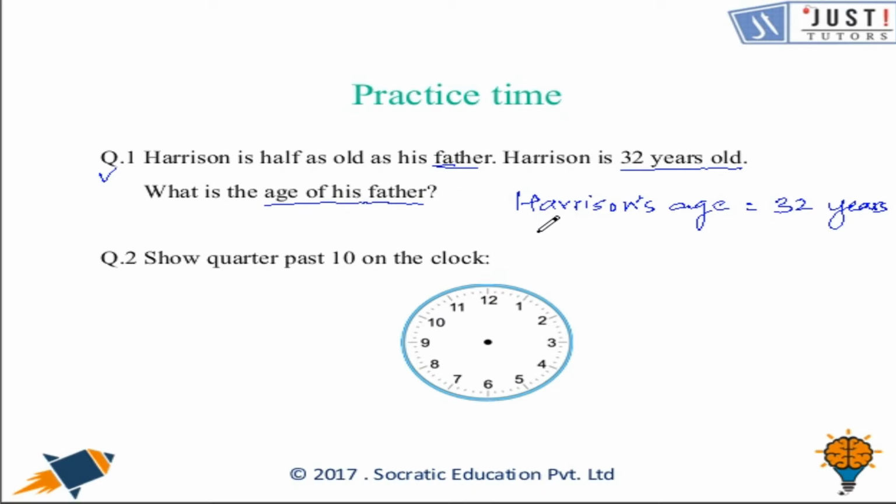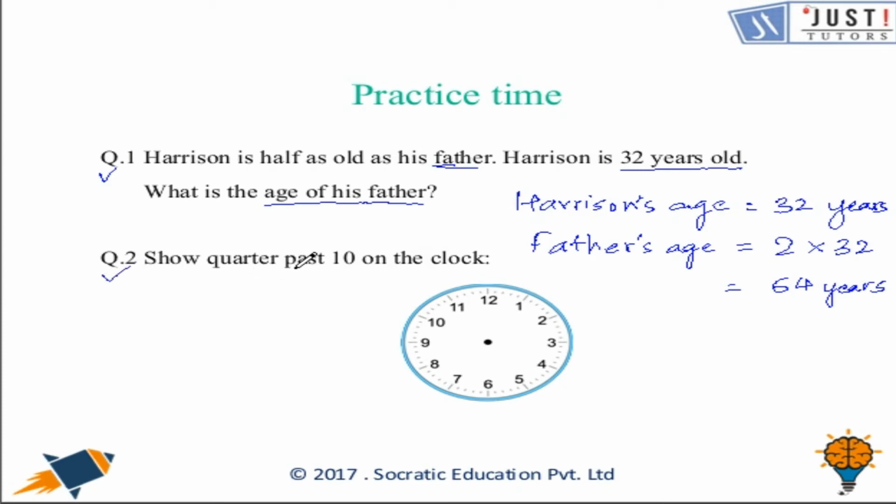That means his father must be older than Harrison. So father's age will be double of Harrison's age. Double means twice of Harrison's age. So 2 times Harrison's age, which comes as 64 years. That's his father's age.